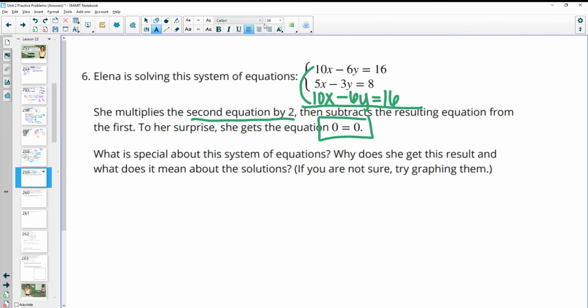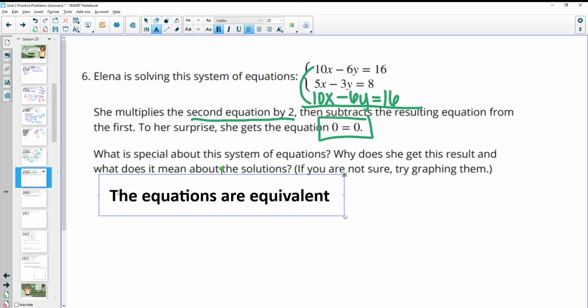And so the reason that she got that result is that these equations are equivalent. So when she multiplied by 2, she ended up getting the exact same equation, right? So the equations are equivalent.